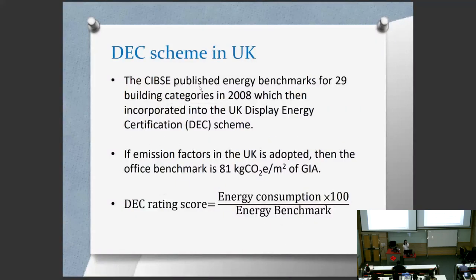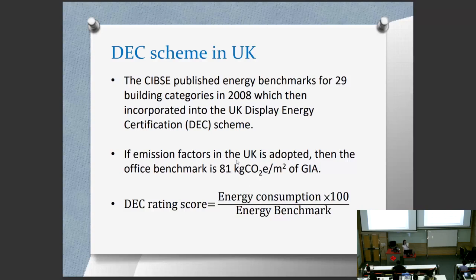CIBSE published energy benchmarks for 29 building categories this year, which are then incorporated into the UK DEC scheme. If the emission factor in the UK is adopted, then the office benchmark will be 81 kg of carbon dioxide equivalent per square meter of gross internal floor area.